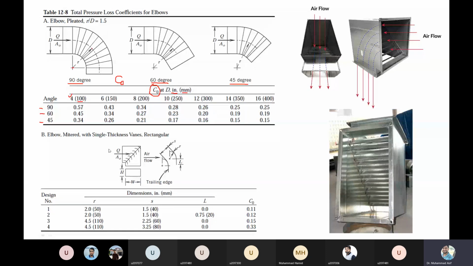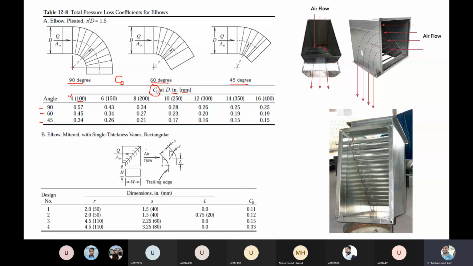Similarly, we can have different fittings. For example, this is also an elbow, but this elbow we call a vane elbow. Vanes are connected. So this is called a vane elbow, elbow mitered with single thickness vanes. This is a rectangular type. For this type of elbow, you need three parameters to get the value of the C naught.